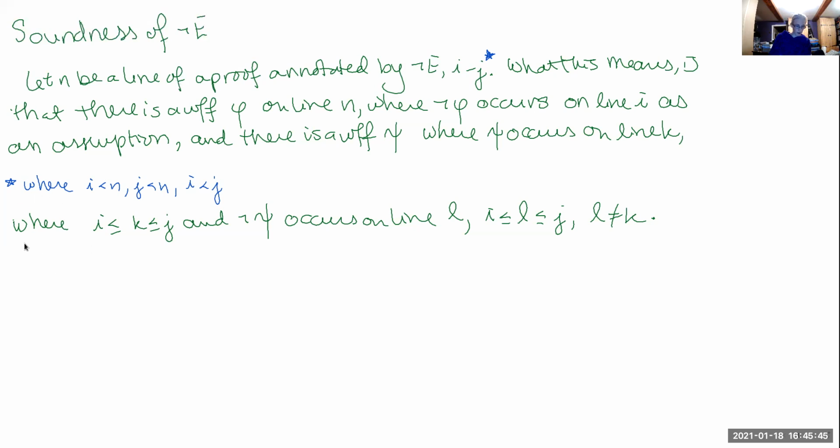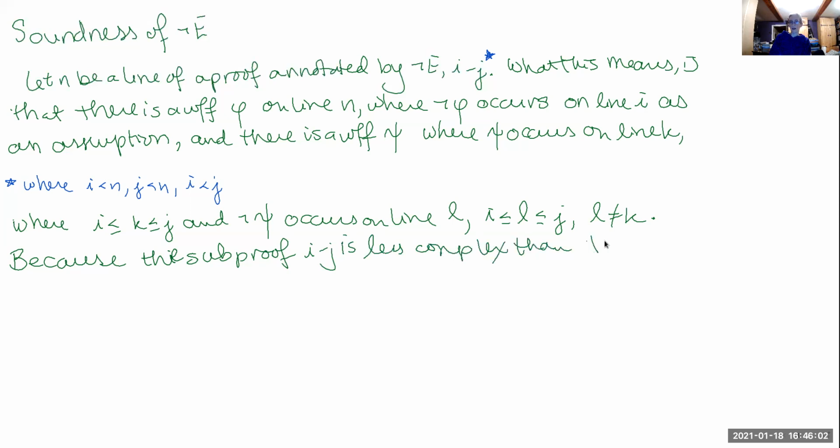So what this means, actually, let's spell this out a bit more. Because the subproof from i to j is less complex than the proof all the way up to line n, we assume that it is sound.